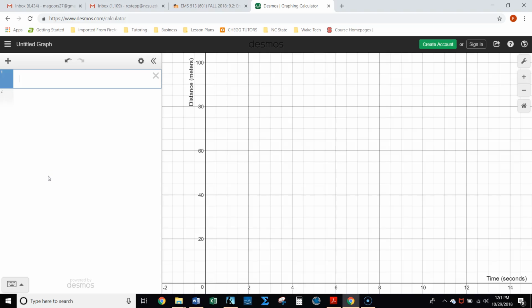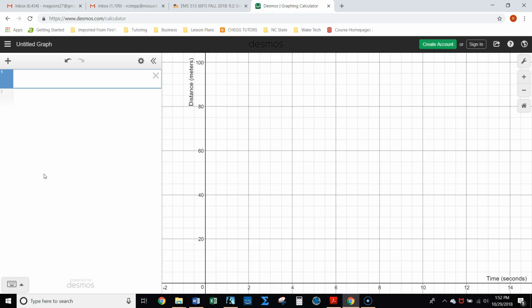For my answer to this task, I chose to use x as time and y as distance. And I made some simple equations, which I can show graphically here in Desmos.